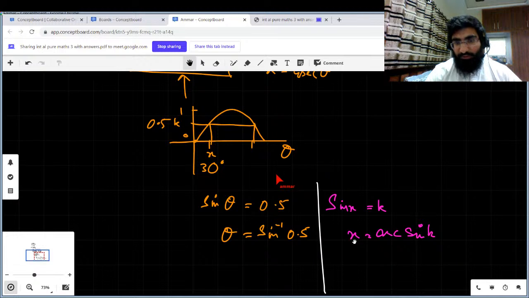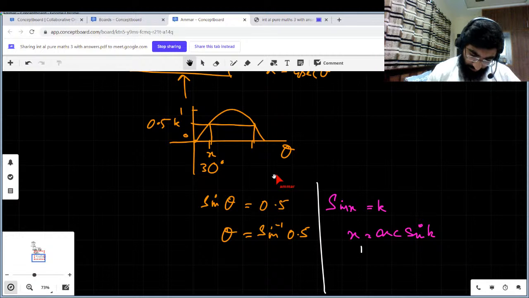I can do that by saying x is equal to arc sine k. If the original equation is sine x is equal to k, then I can say x is equal to arc sine k. So this is the first value of theta, or the first value of x, right? This would give me 30 degrees.